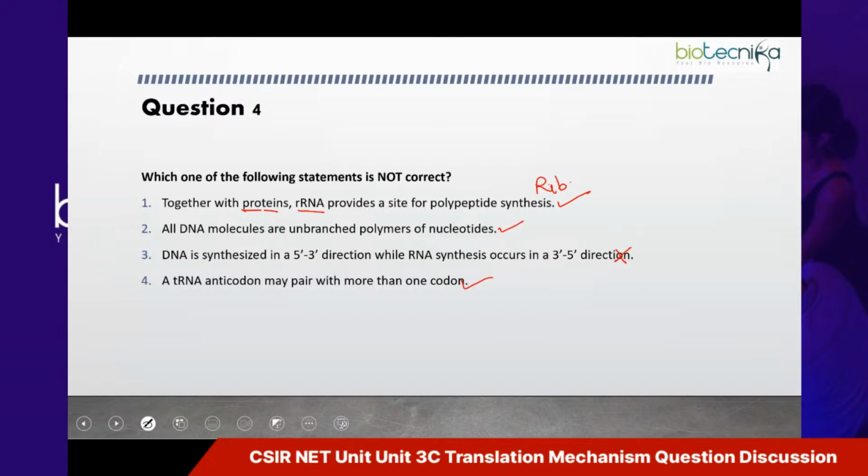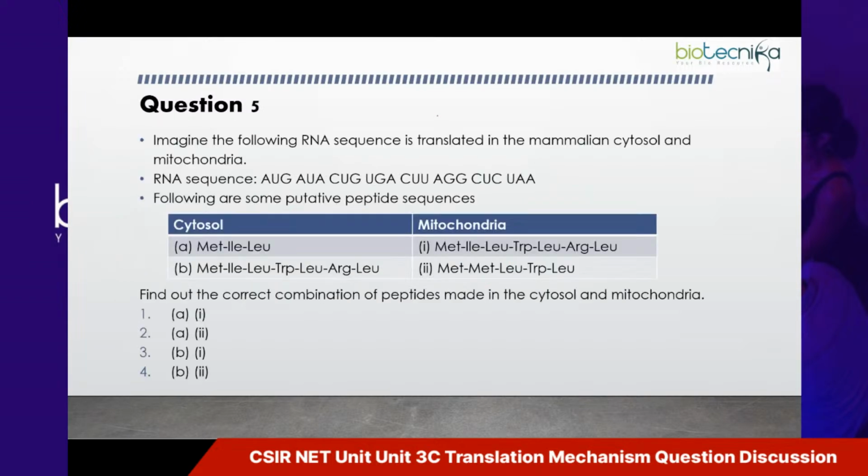So the answer will be option 3. Is it clear, everybody? This is a very easy question, I think all of you already understood that.